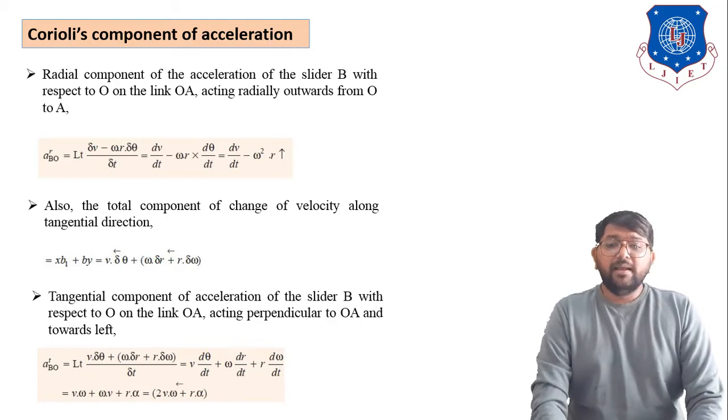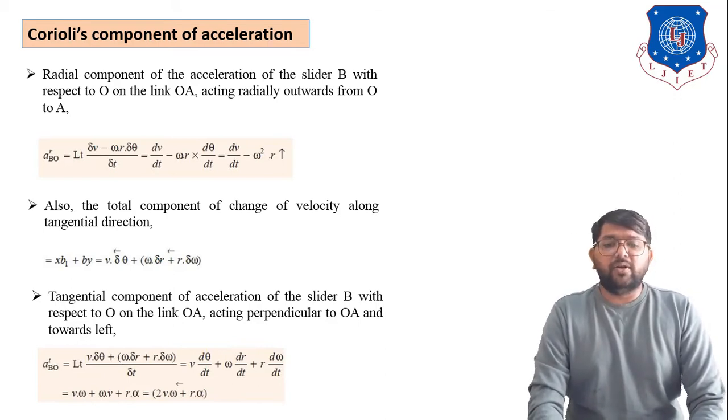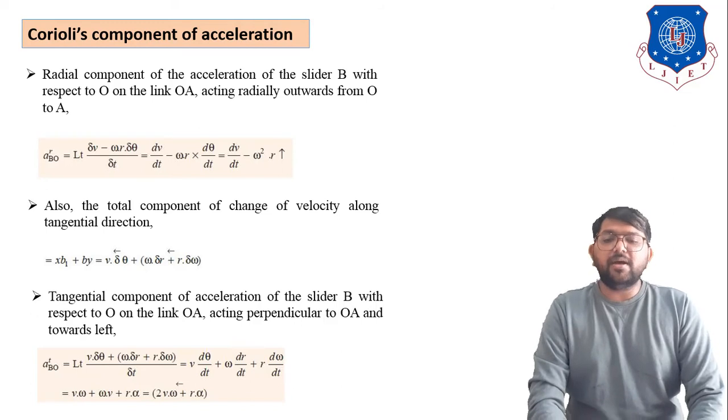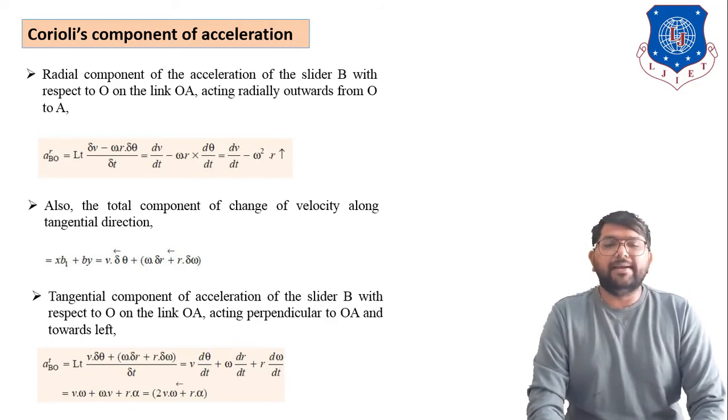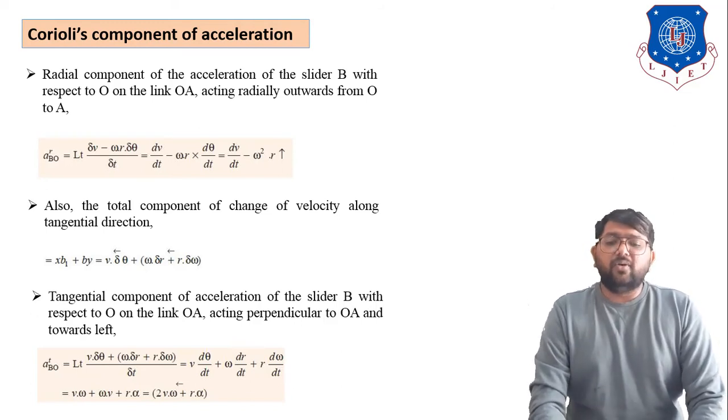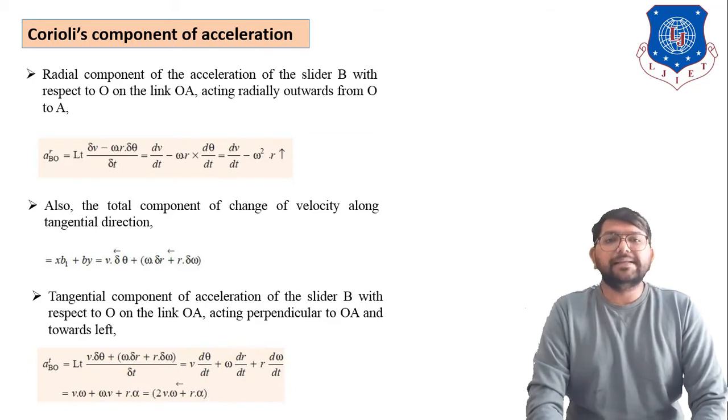Now also the total component of change of velocity along tangential direction, that is xb1 plus by, is equal to v into delta theta plus omega into delta r plus r into delta omega. Now tangential component of acceleration of the slider B with respect to O on the link OA, acting perpendicular to OA and towards left.